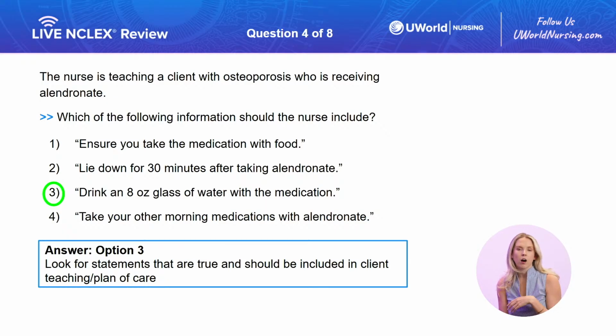Bisphosphonates need to be taken on an empty stomach, so ideally 30 minutes before you eat or 2 hours after you eat to ensure optimal absorption. When we administer them, we do it with a full glass of water, which is option number 3. Way to go, you guys got that. We want the client to remain upright for 30 to 60 minutes to maintain complete passage of the medication into the stomach and reduce the risk for reflux back up into the esophagus, that acid reflux. So in this case, option 3 was our correct option, and we addressed why 1, 2, and 4 were incorrect. So great job, you guys.